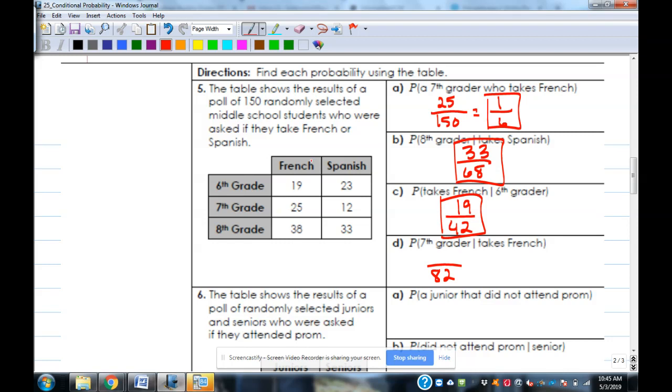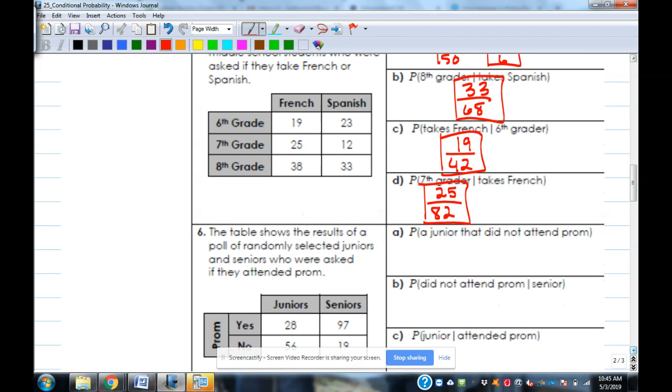Yeah. And then probability of seventh graders. How many seventh graders in that group? 25. And that 5 doesn't go into 82, so that doesn't reduce. If you have a given, that's going to be narrowing it down.